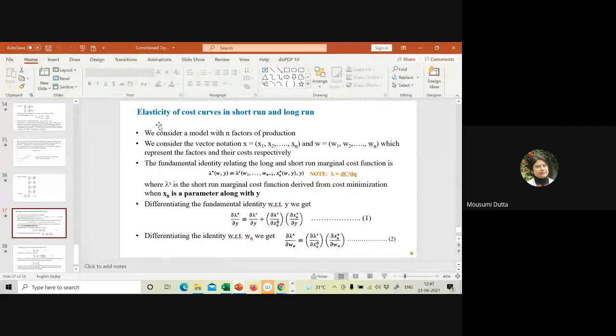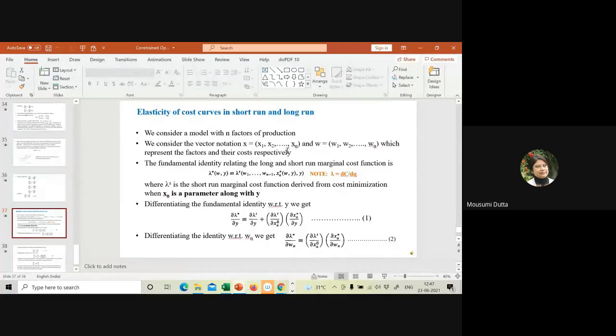So here we would like to say something about the elasticity of the cost curves in the short run and long run. We consider a model with n factors of production. Here we are using vector notation.